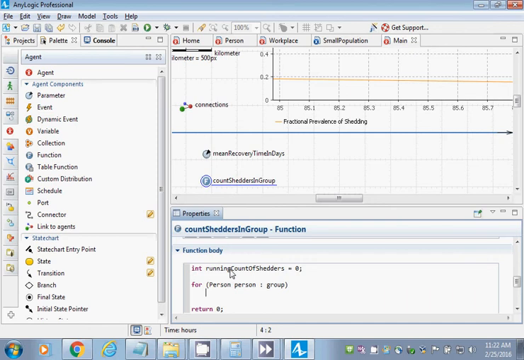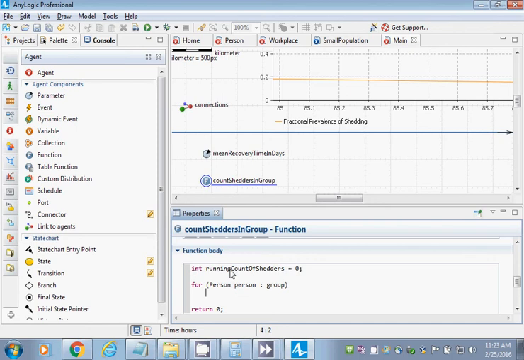Well, you'd first ask, are you shedding? And if they're shedding, you'd tick one off your clipboard, record one more. In other words, you'd say, okay, we have one more yet, and that's all this is going to do.